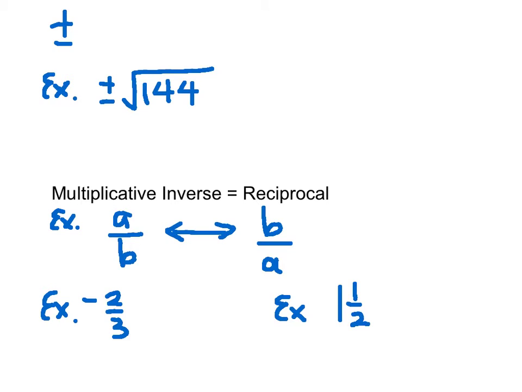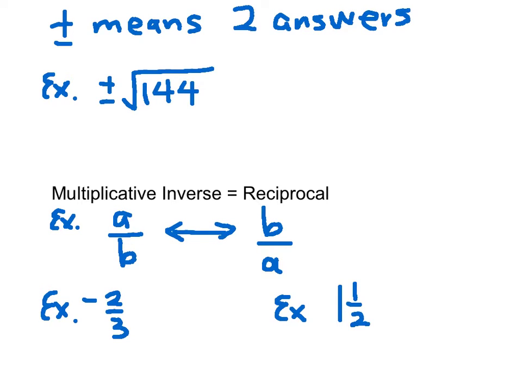The next thing I'd like to look at is what this plus minus means. Now, we just got done saying that when you have a positive and negative, they're different signs, so it becomes negative. But in this case, a positive and negative actually means there's two answers. So I'm going to write that down. It means that there's two answers. So if you have a question that starts out with, for example, what's the positive and negative answer of the square root of 144?